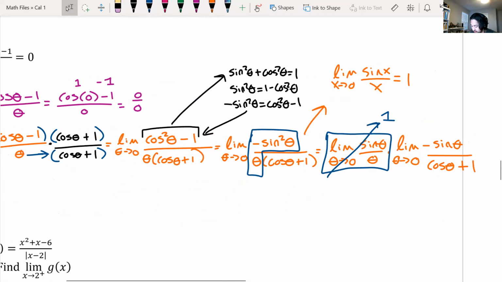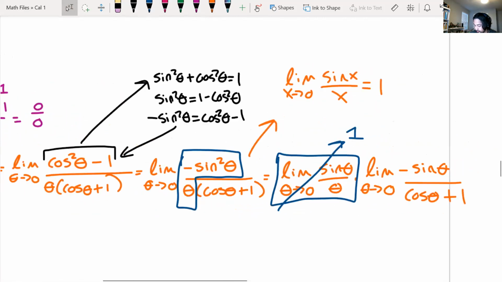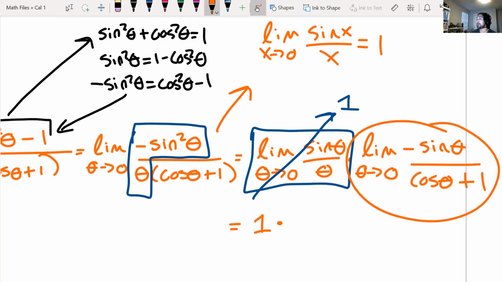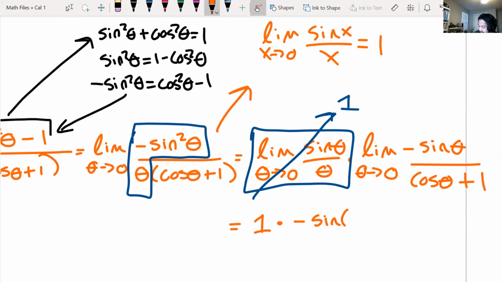I can just go down here. So this becomes 1 times, and now what we're going to do on this limit is plug in what number for theta? 0. You'll get negative sine of 0 over the cosine of 0 plus 1.